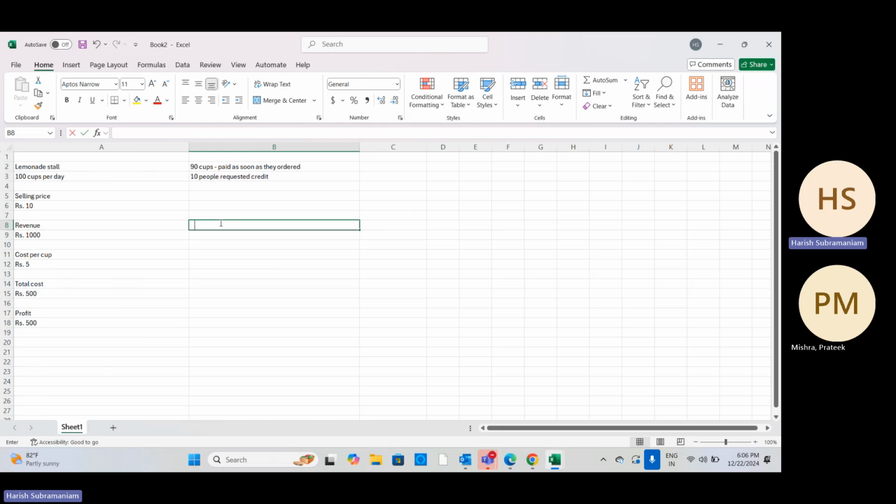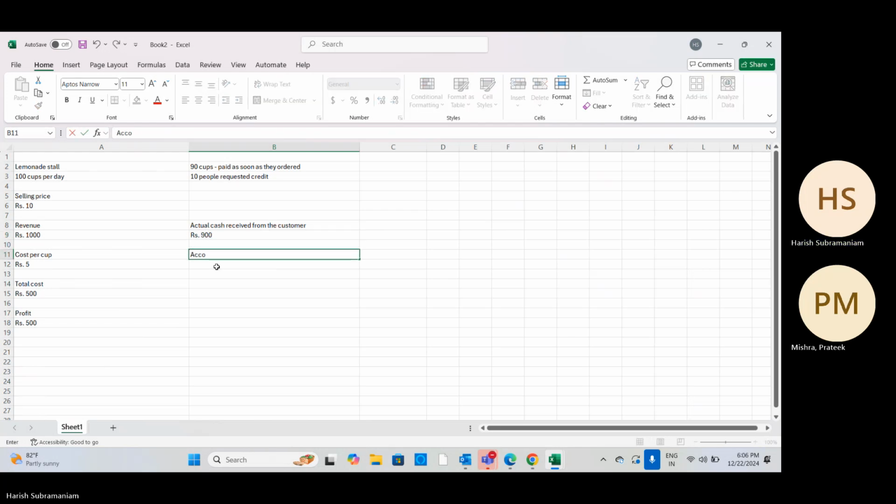So the actual cash he has received from the customers will be 90 into 10, rupees 900. Accounts receivable: he has to receive from 10 people, rupees 10 per cup. This is rupees 100.